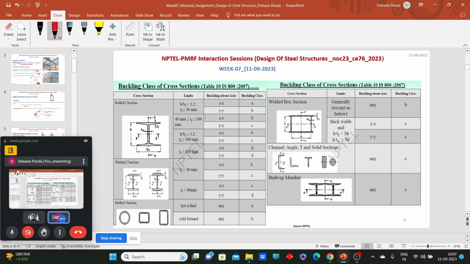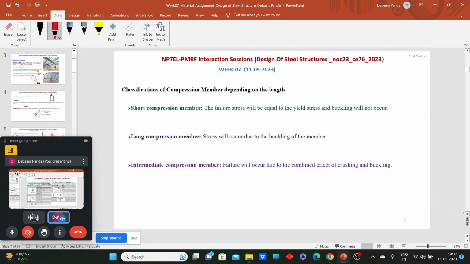First, from Table 10, we need to identify which buckling class it comes under. That means we need to find the buckling about both axes, x-axis and y-axis, and based on that we can find the imperfection factor and the fcd value, which we have already discussed, but we will go through that once again.